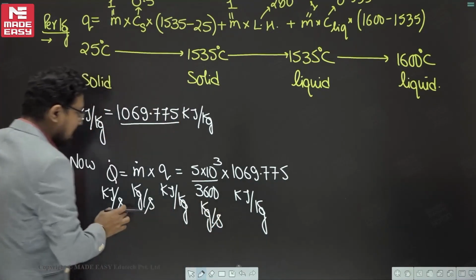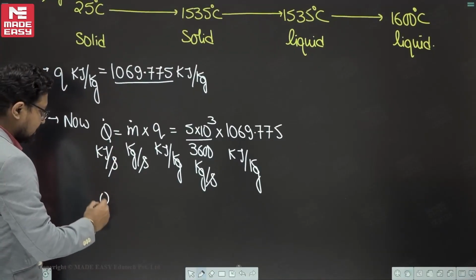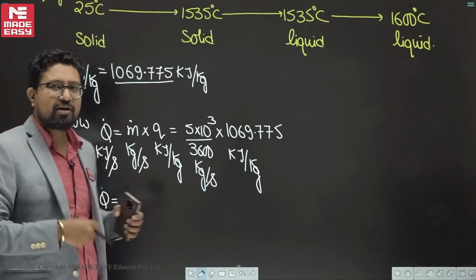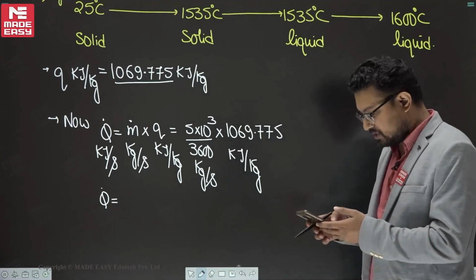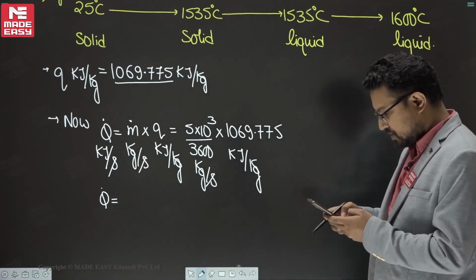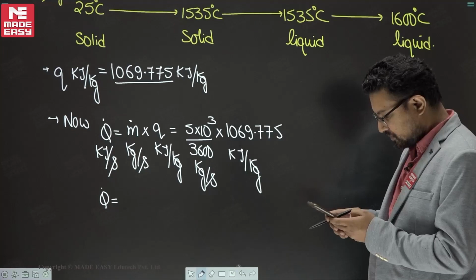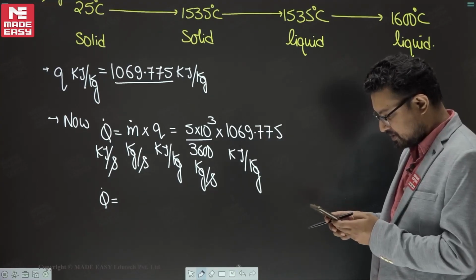Now, we will have the heat rate Q dot. This is the rate of heat that must be supplied to the iron. So, we can calculate this. This will come out to be this into 5 into 1000 divided by 3600.